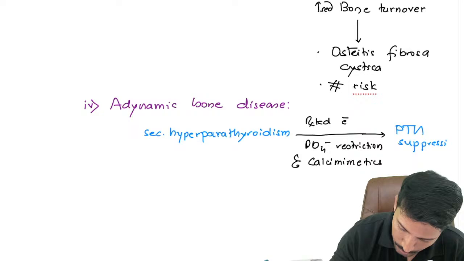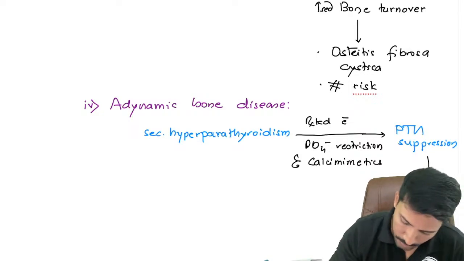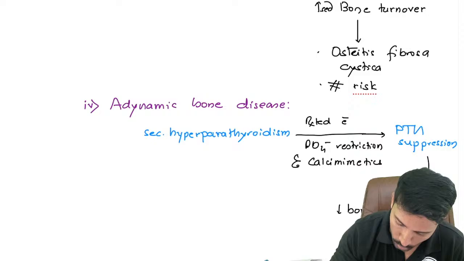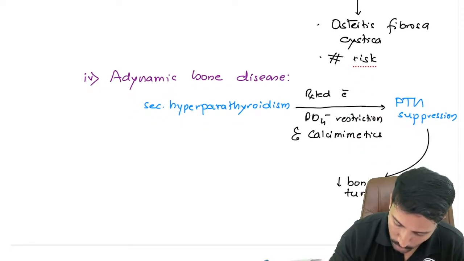And if there is suppression of parathormone, then bone turnover gets reduced. So there will be decreased bone turnover, no bone turnover happening at all. That is what we call adynamic bone disease.